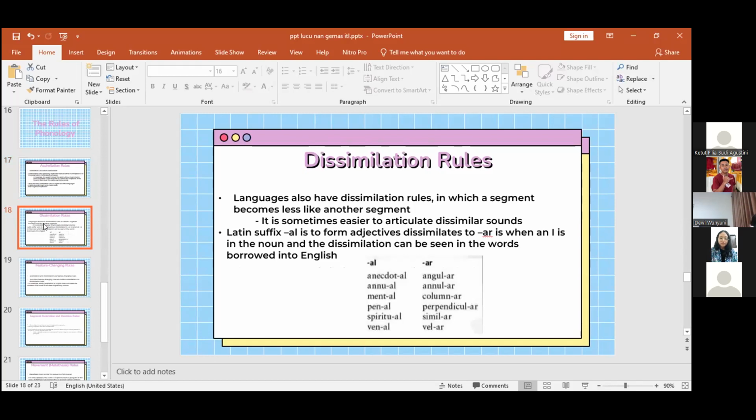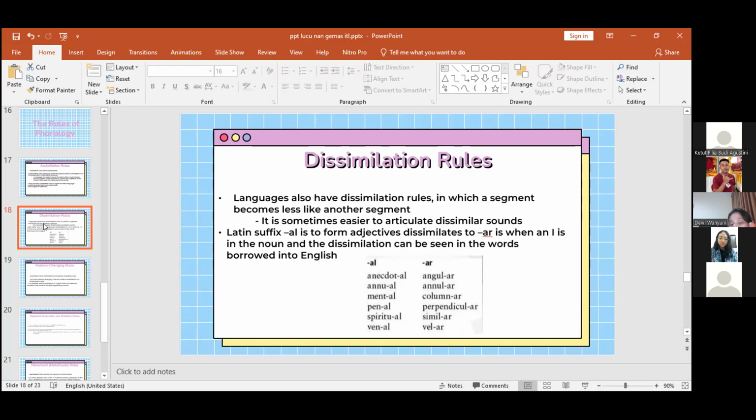The second one is dissimilation rules. Languages also have dissimilation rules in which a segment becomes less like another segment. It is sometimes easier to articulate dissimilar sounds. The Latin suffix to form adjectives dissimilates to r when an l is in the noun, and the dissimilation can be seen in the words borrowed into English.